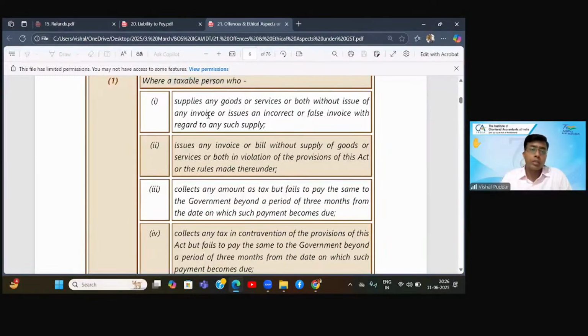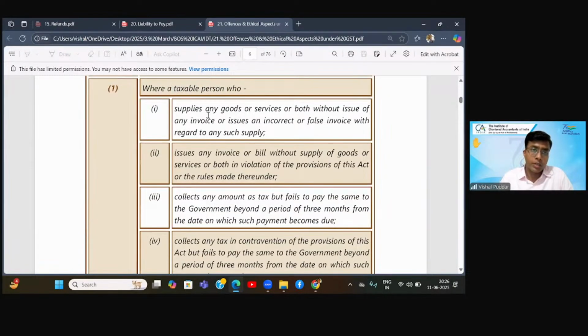Now, what are the mistakes which will be considered as severe and hence liable for penalty? What does the law say? The law says, first, any person who supplies goods, service, or both without giving the invoice, or issues an incorrect or false invoice with regard to any supply.